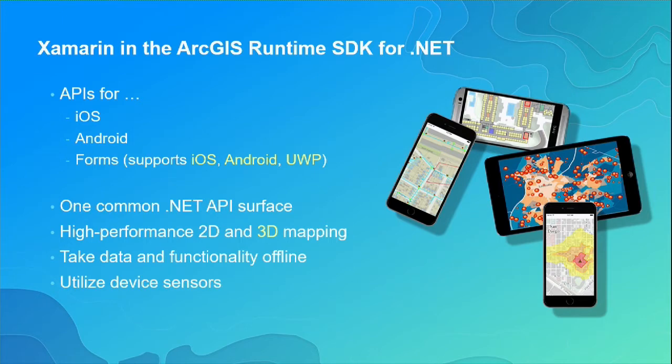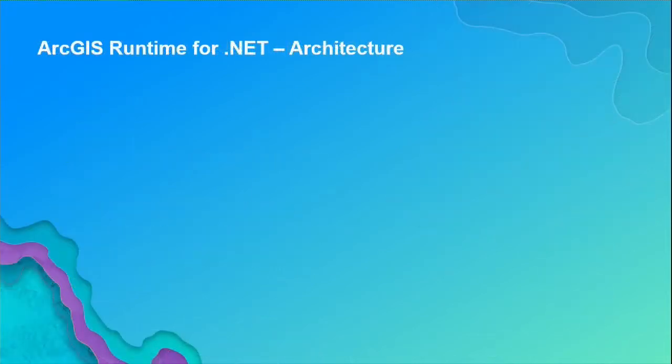The API looks exactly the same on all these different platforms, so you can have your logic in one shared project, consumed by the individual projects. Since we're looking at native development, you have the advantage of being able to take your data and functionality offline, access online data that you might have on the device, and utilize any sensors that are available on the device as well. It's the same API that you have probably worked with for your .NET WPF applications and so on.